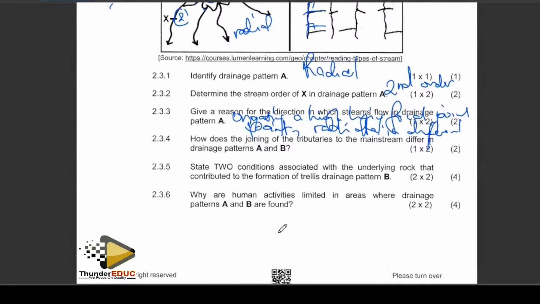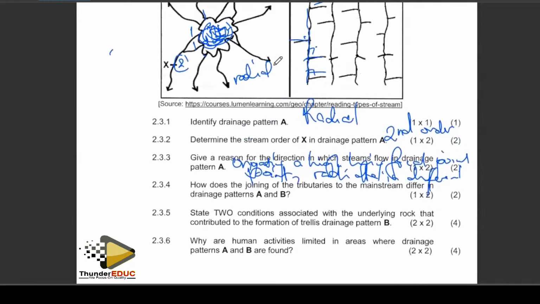State 2 conditions associated, how does the joining of tributaries to the main stream differ in A and B? Check here, the joining of the streams is different. If we check here, there's a confluence here, the angle, and there's a confluence here, what's the angle, and also the other confluence there.